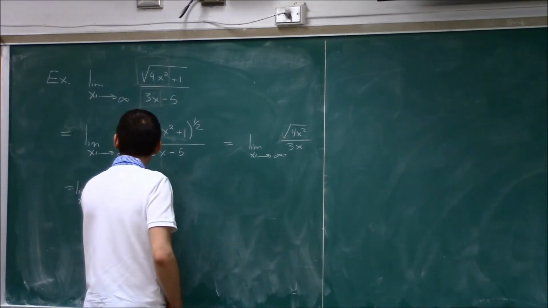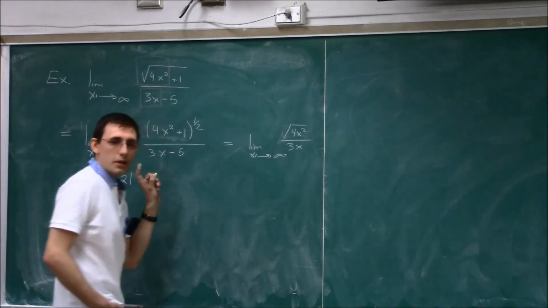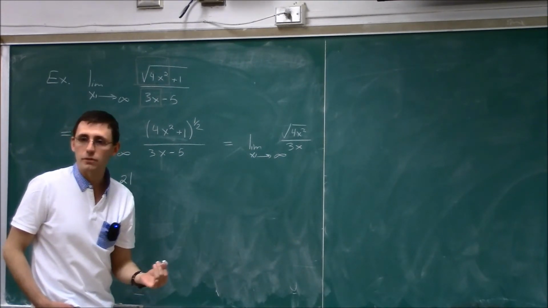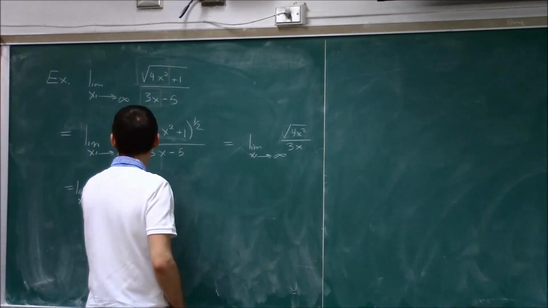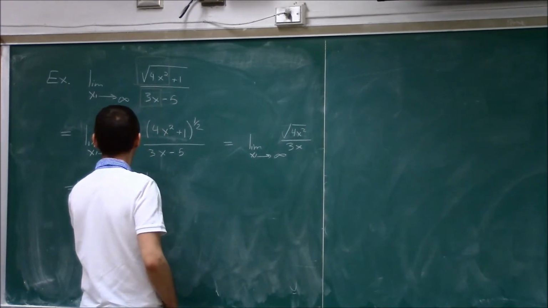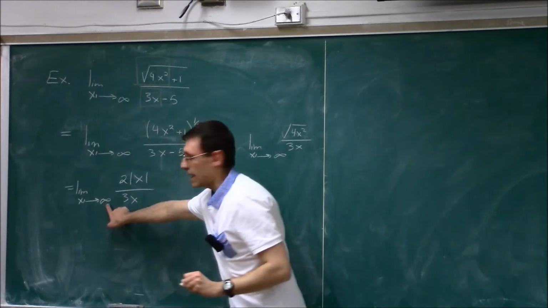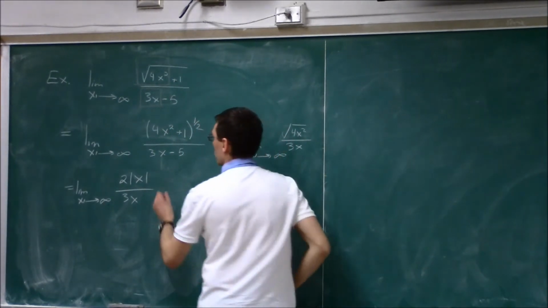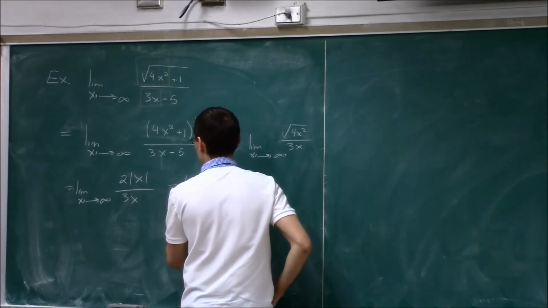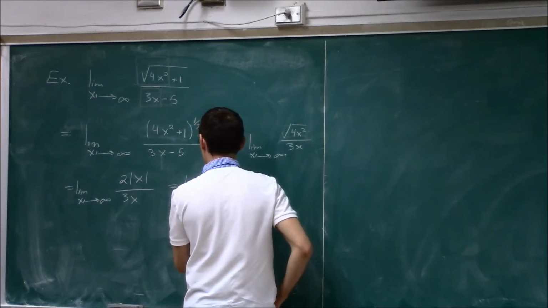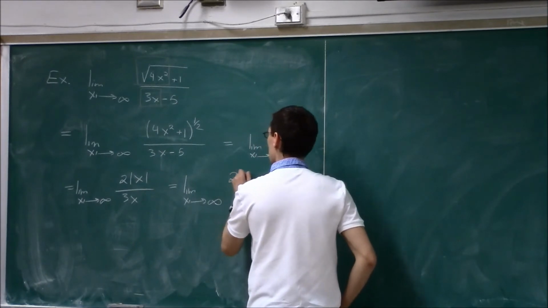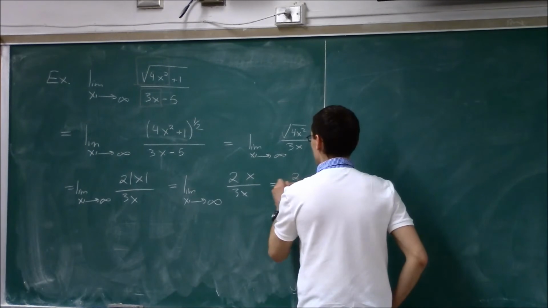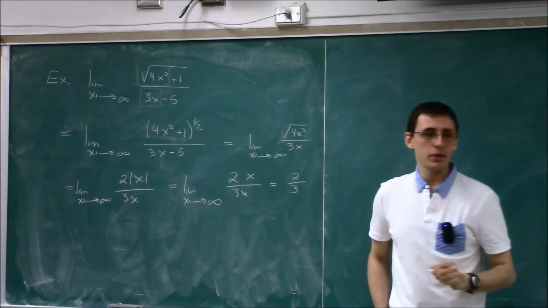So let's write it as we know it's 2, and this is a very crucial moment. Root of x squared is not necessarily x, it's the absolute value of x. So that would be 2 absolute value of x divided by 3x. But in this case, x approaches infinity, implying x is positive. So I don't have to worry about this, and I can just write the limit as x goes to infinity of 2x over 3x, and I get 2 over 3. Do I have a horizontal asymptote?